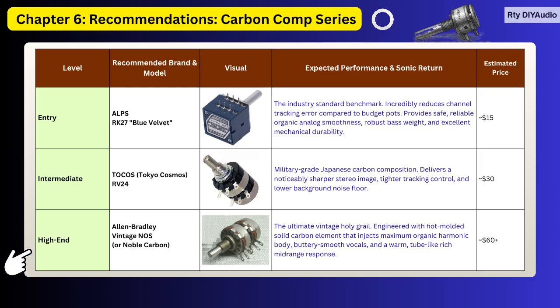And at the high-end summit, the legendary Allen Bradley Vintage NOS reigns as the ultimate holy grail. It is meticulously engineered with a hot-molded solid carbon element that injects maximum organic harmonic body, buttery smooth vocals, and a warm, tube-like rich mid-range response. Match it right, flush it clean.